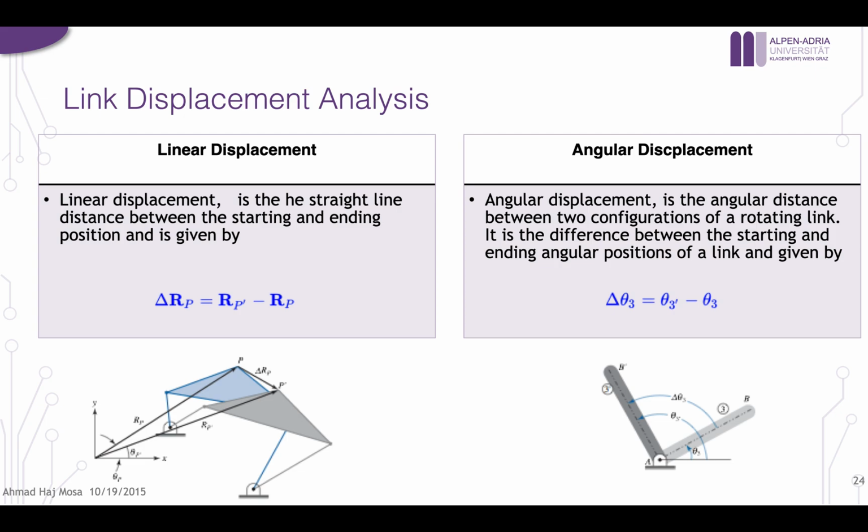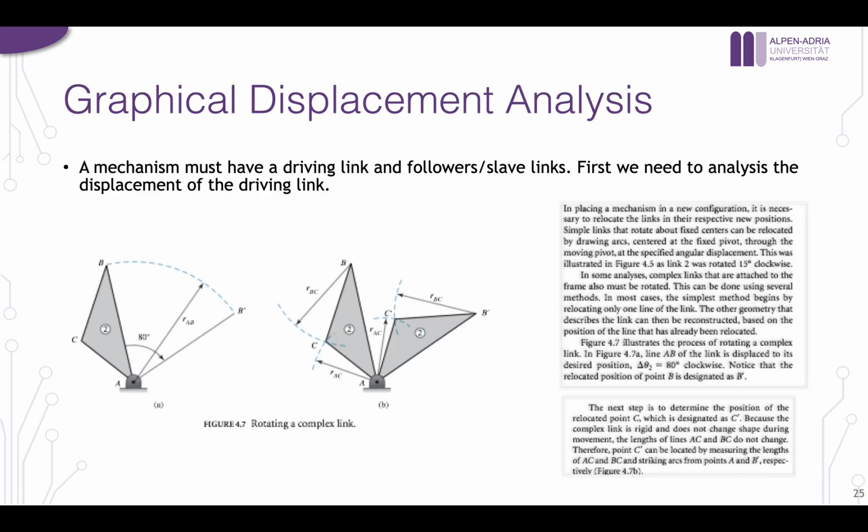The displacement analysis means that if that displacement happens, then let's analyze the new positions of the points on all the links or on a specific link. So this is displacement analysis.